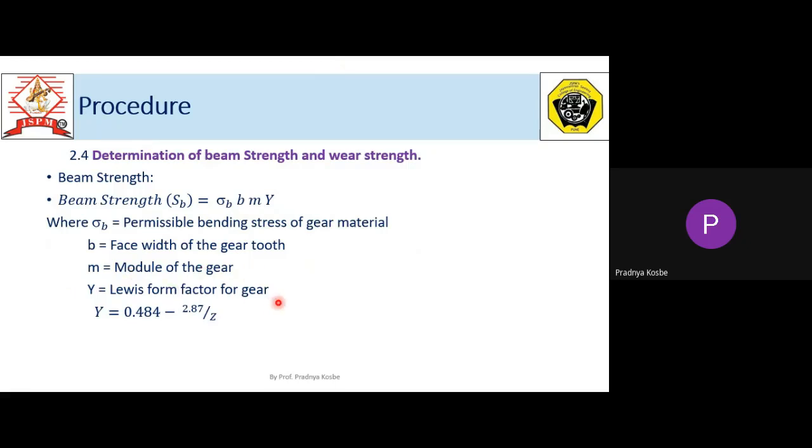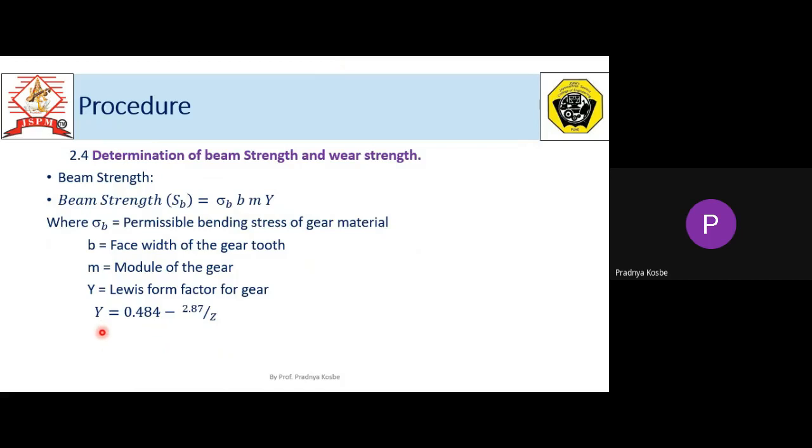Y is Lewis's form factor for the gear, and Y is equal to 0.484 minus 2.87 divided by Z. For a pinion, we'll denote that by the letter YP, and YP will be equal to 0.484 minus 2.87 divided by ZP.